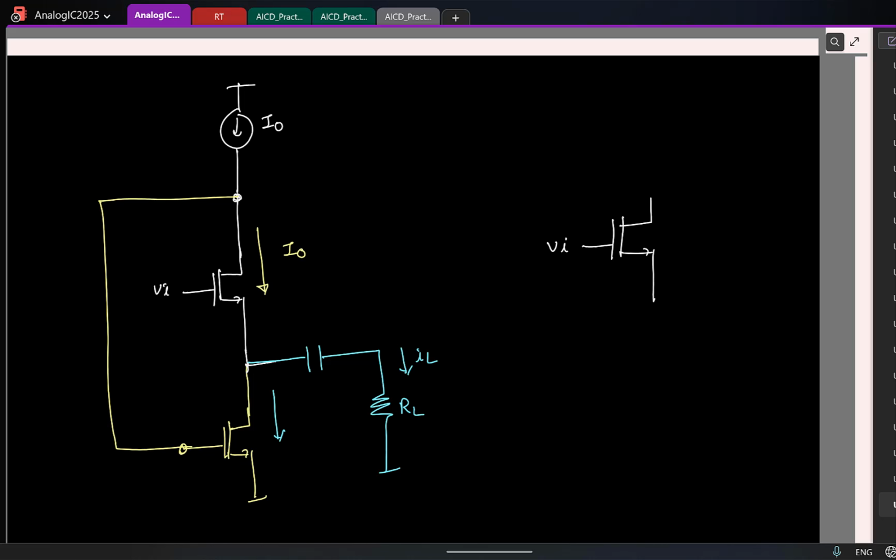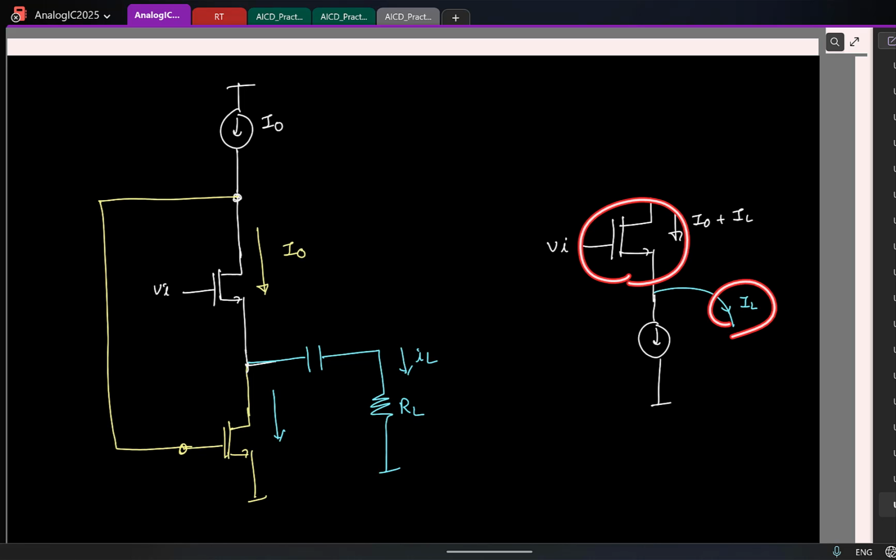So remember, if I had the bias current here, then I will have some load current, I will call it IL. So which means the current flowing here is going to be I0 plus IL, and that's a problem. Correct? So now I cannot have this transistor providing the load current.